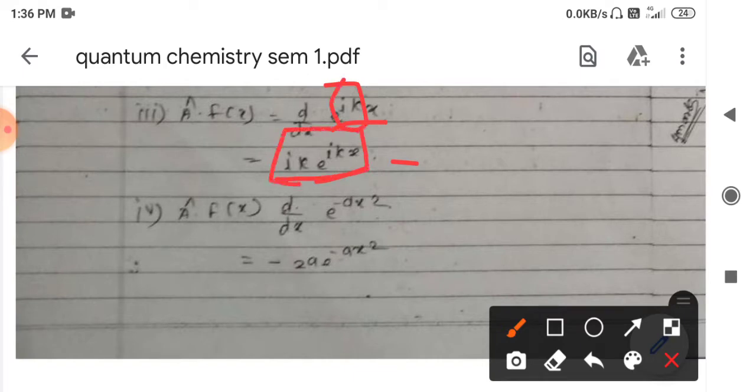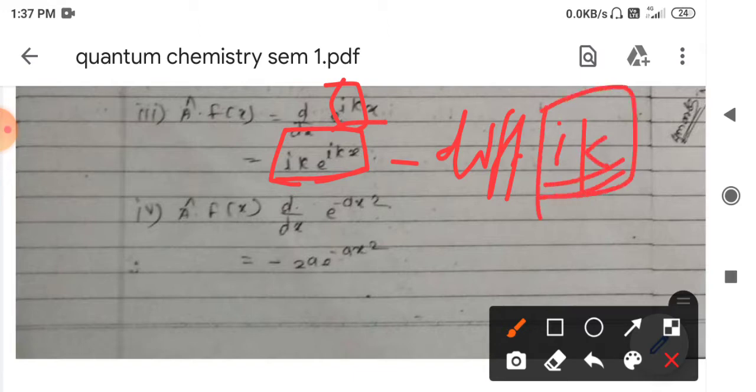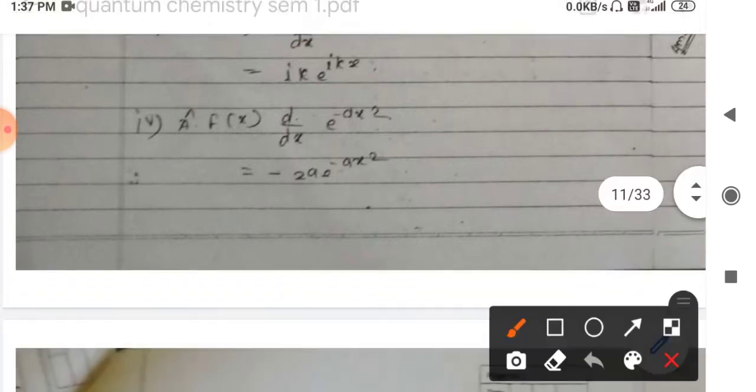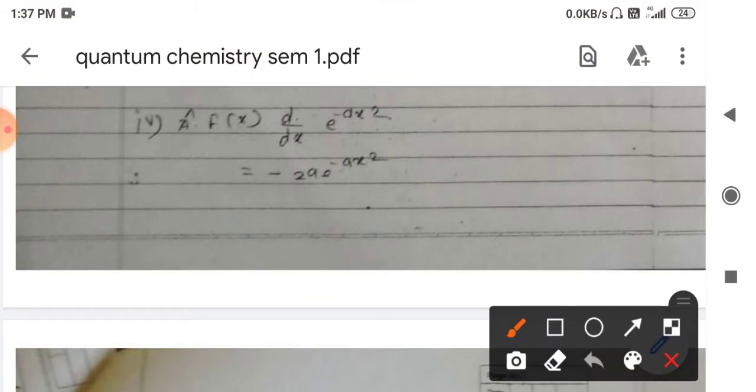So this function is an eigenfunction with eigenvalue i into k. Here i is an imaginary number, but it is a number, and k is also a constant, the force constant. So this is a constant value, and we can say that it is an eigenvalue.